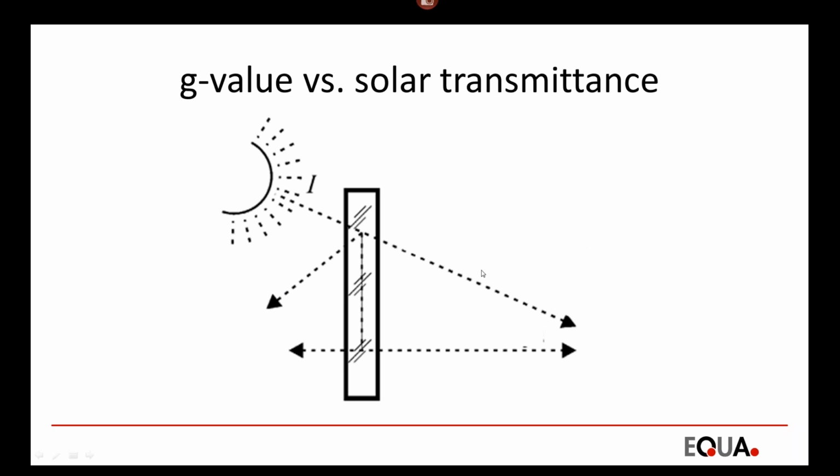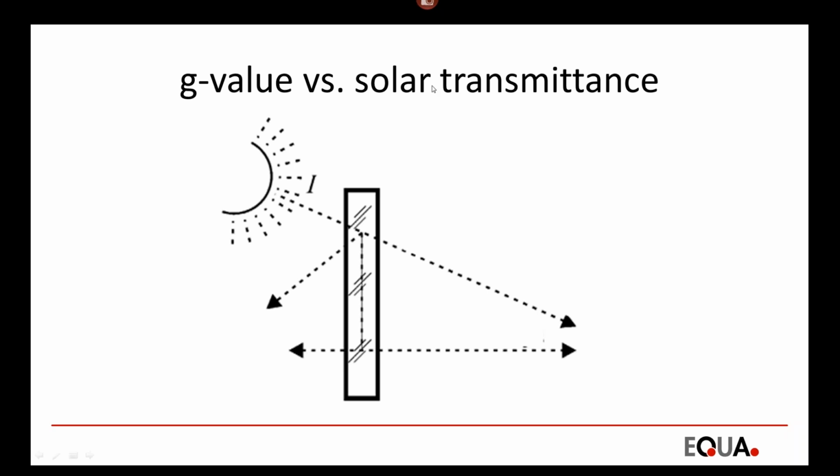The same thing applies to the radiation from the inside. With the standard window model we do our best to handle that as well, but a window is quite commonly not symmetrical, so we don't have the information on the G value and solar transmittance from the inside to outside.